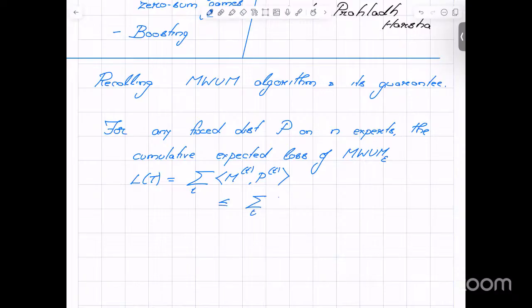the corresponding loss for the fixed distribution P, plus epsilon times the loss, plus ln n by epsilon. That's what we had shown.